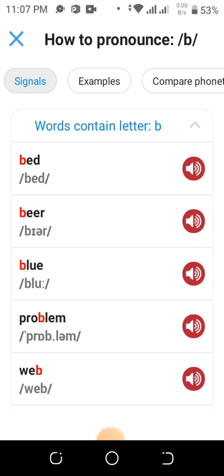The next word is problem, problem. And the next word is web, web. This is how this letter produces the B sound.